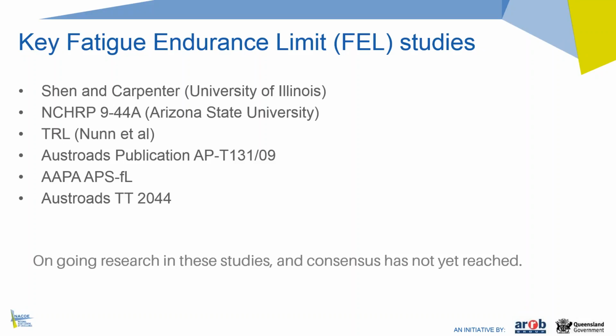But at the bottom of the slide, I just want to emphasize that there's still quite a lot of research being done in this area, but a full consensus among the different methods has not been arrived at yet. But that doesn't mean that we can't put in an interim design limit on our pavements in Queensland.